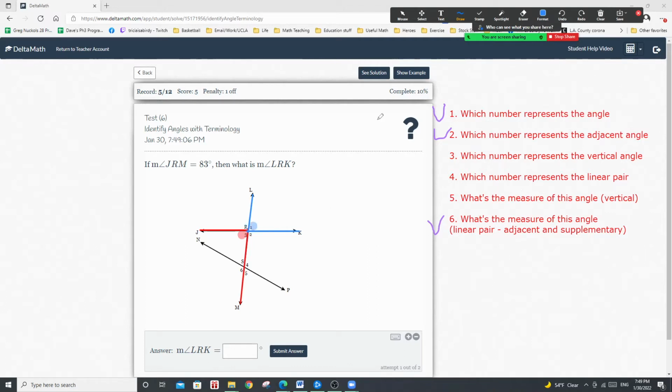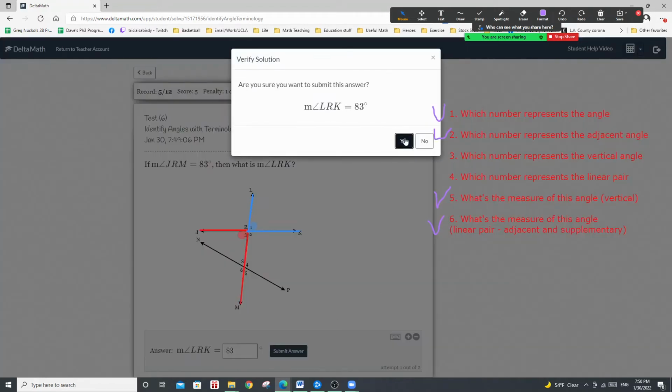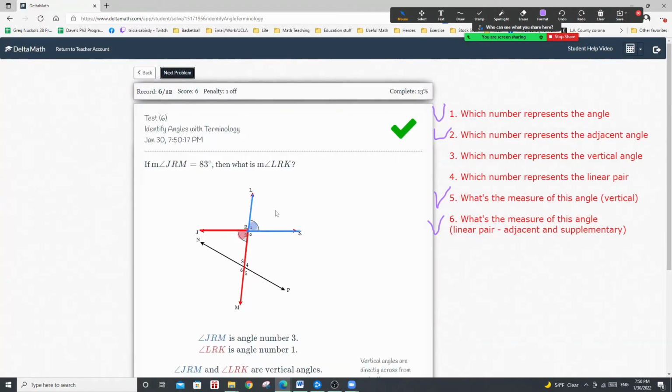Neither of the sides are overlapping. The sides do not touch each other. And these angles are across from each other. So remember I said when they're across from each other, we call that vertical. Vertical works like this. If JRM, this angle 3, is 83 degrees, angle 1 is also 83 degrees, okay? So I submit that. And there we go. Vertical angles are congruent. That means their values are the same. Let's continue.